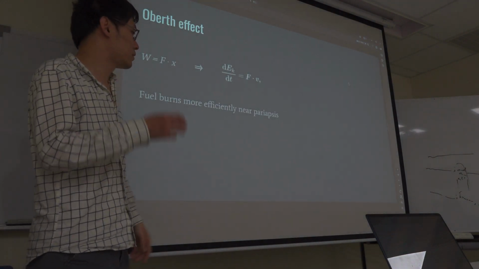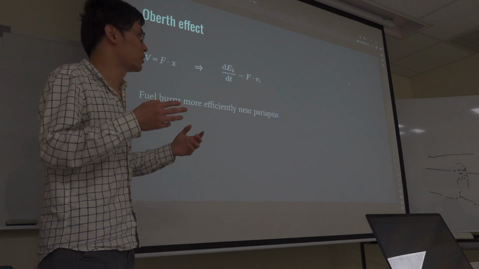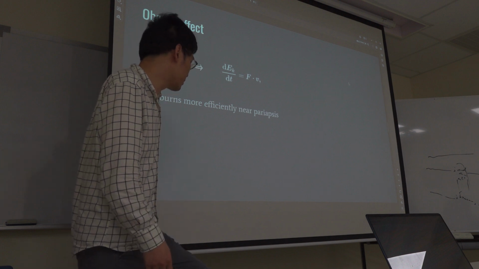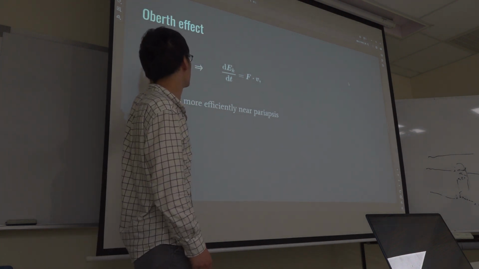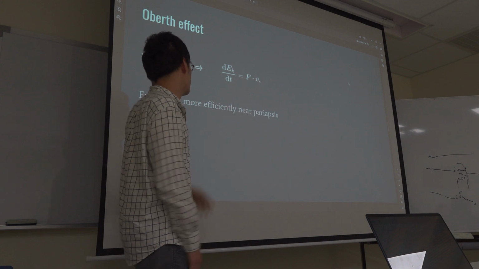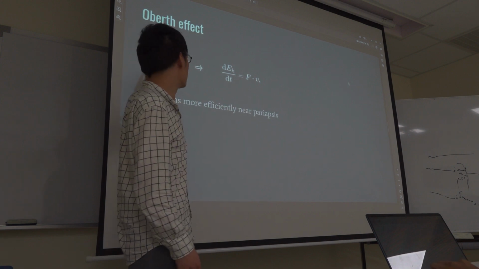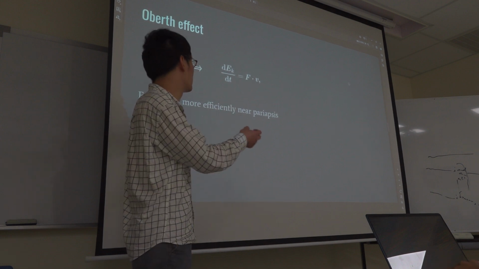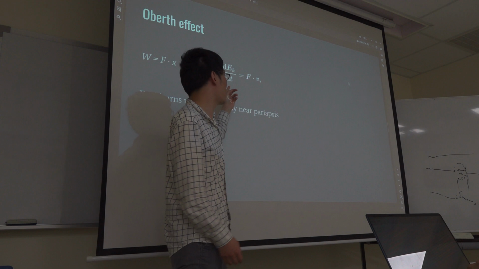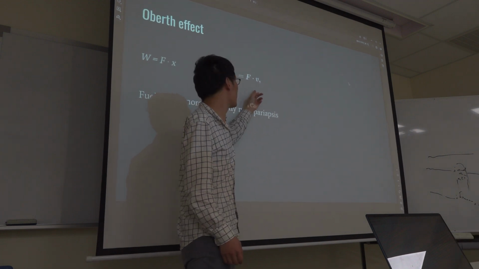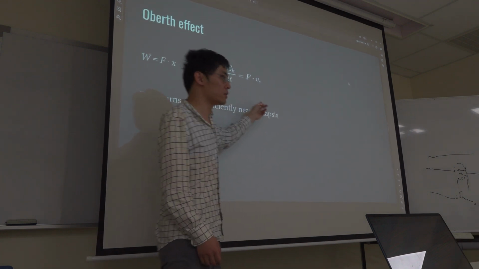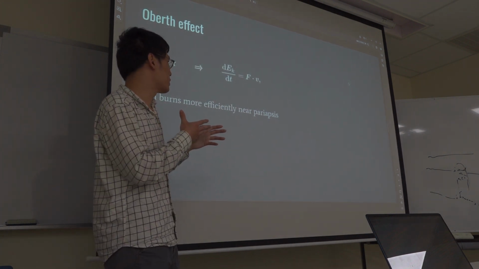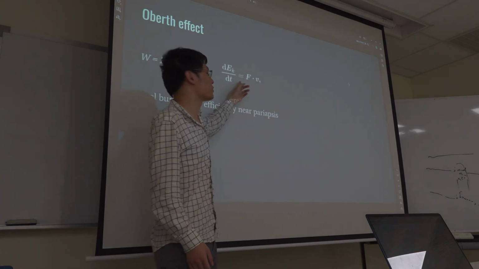Okay, and then the overall effect, which is a little bit relevant to the previous thing, is mathematically very simple too. You know the work is force times your moving distance. So you can see that your power is your force times your velocity, which means that when you fire the rocket at a higher speed, you get much more power.